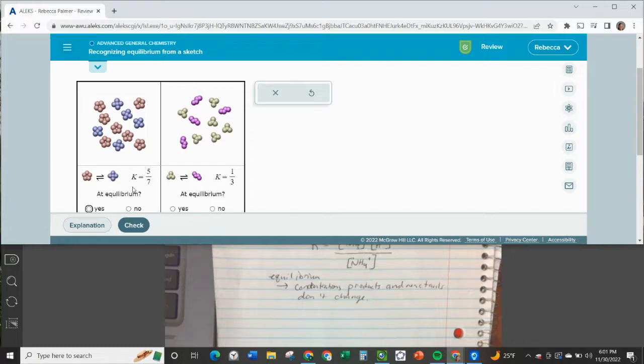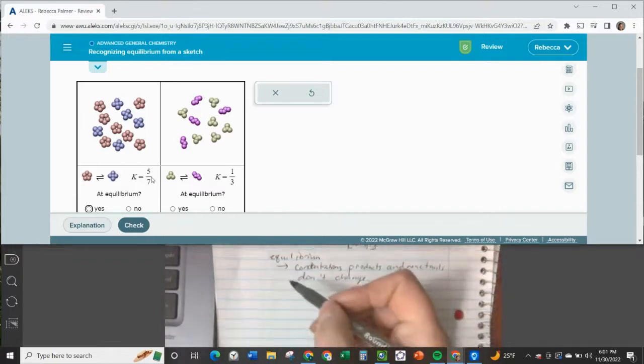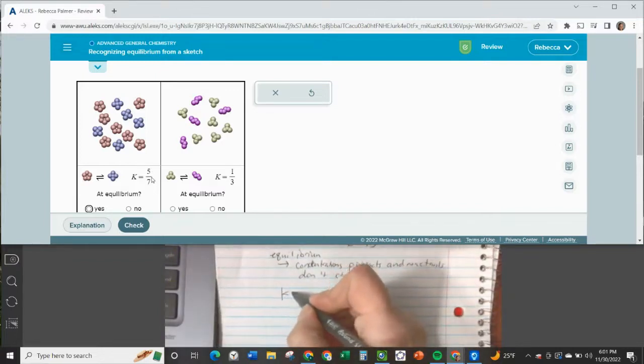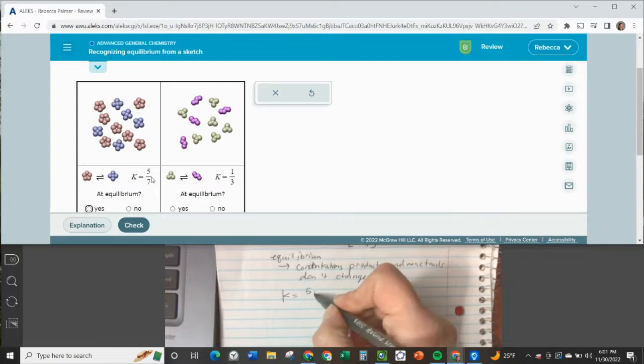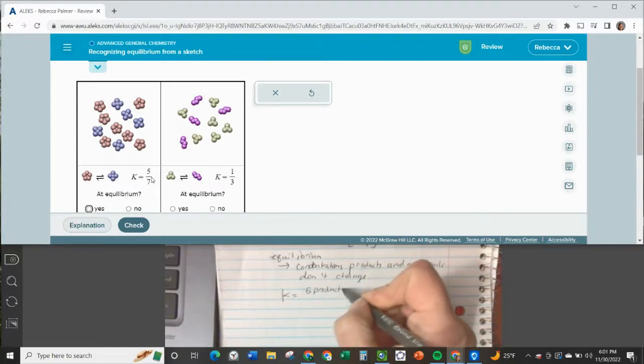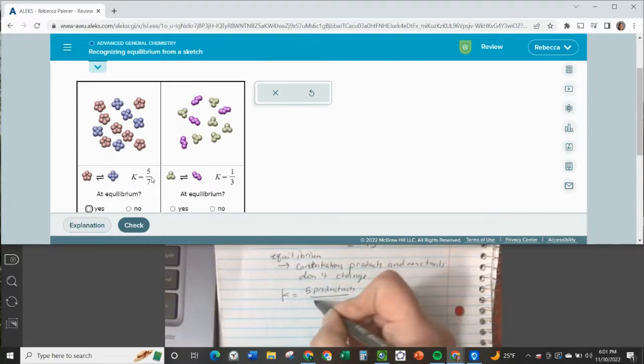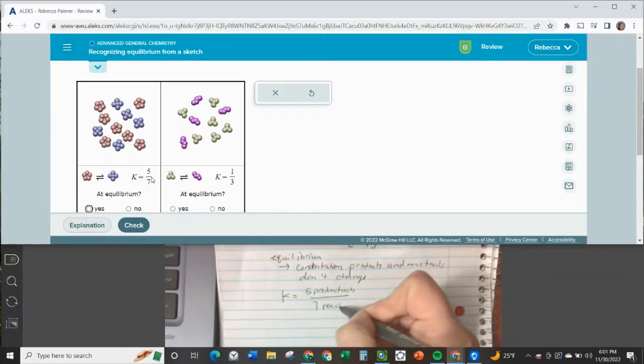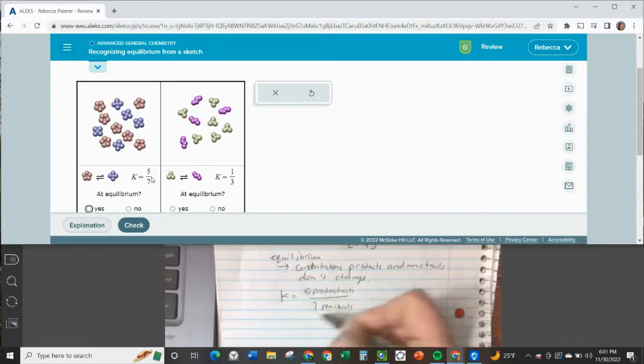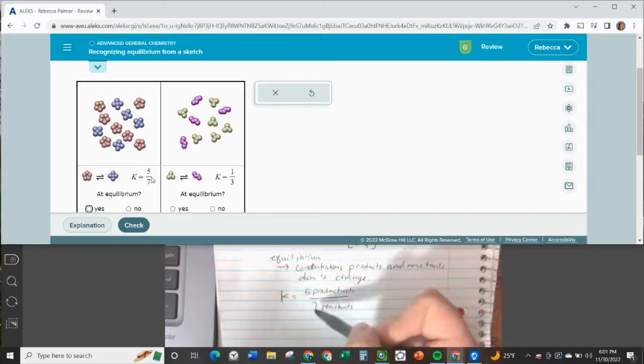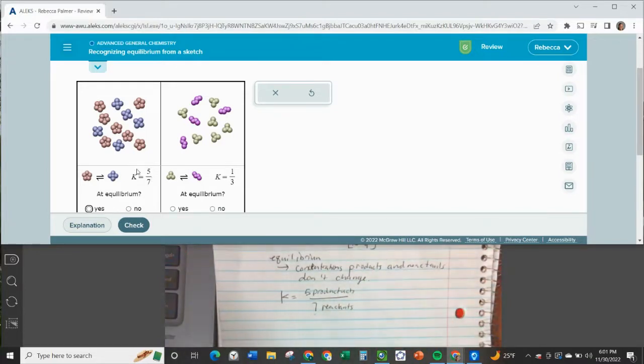And I have the equilibrium constant here. So this is telling me that I have 5 products for 7 reactants. So if I have 5 products for 7 reactants, then it will be at equilibrium. So I just have to count them up.